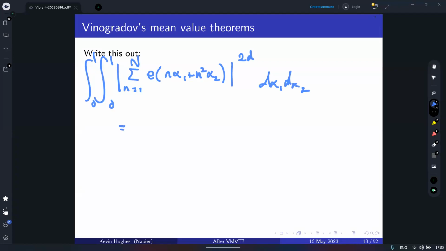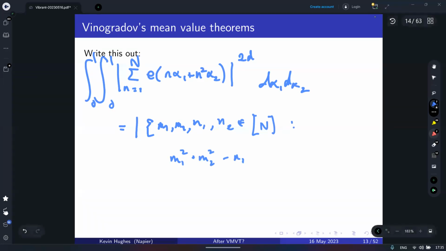This is exactly the number of solutions M1, M2, N1, N2, such that M1 squared plus M2 squared minus, oh, I should say all the way up to D. My apologies. Let me just write that out real quick.